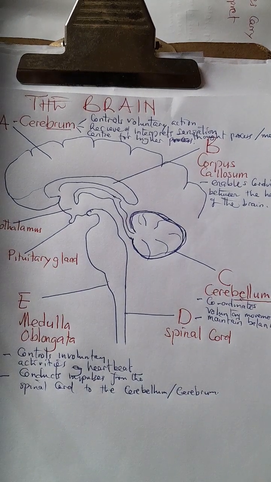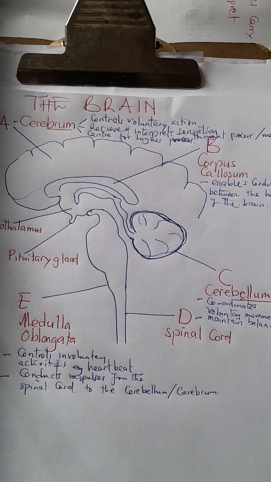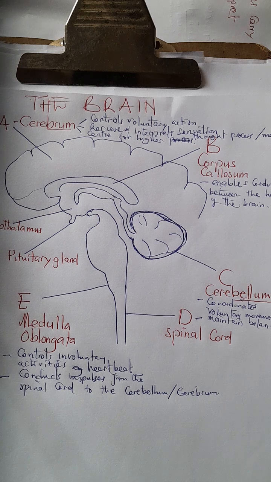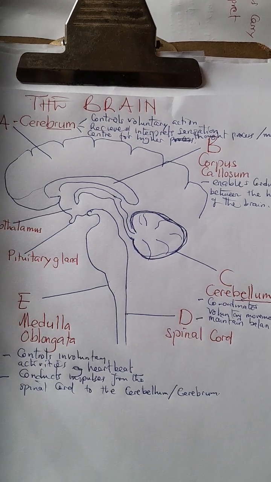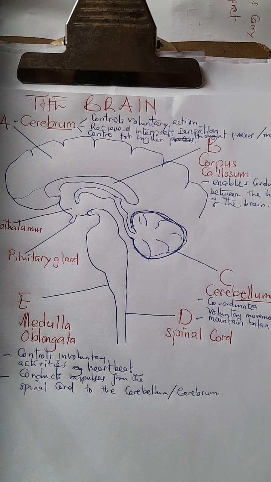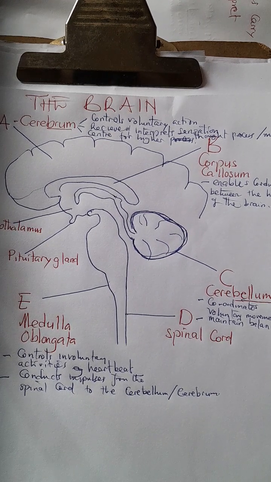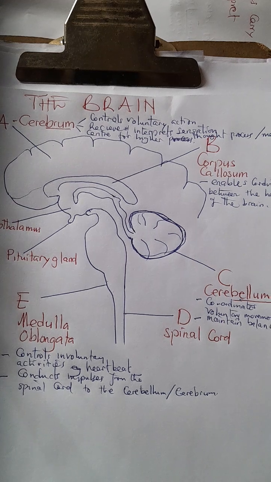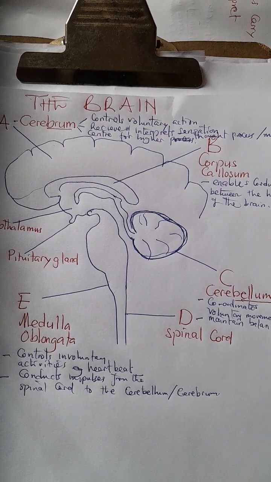Now look at this here. Can you imagine an injury that would happen at part E, the medulla oblongata? Somebody is injured in a soccer match or in an accident. Can you think about what is going to happen? The person is going to die instantly. Why? Because there will be no breathing.